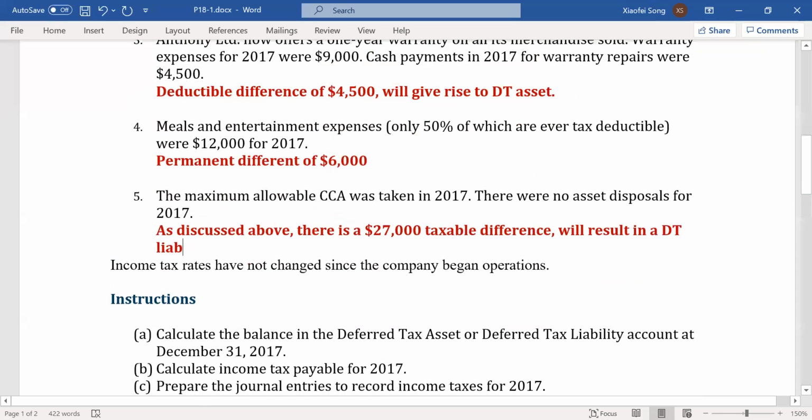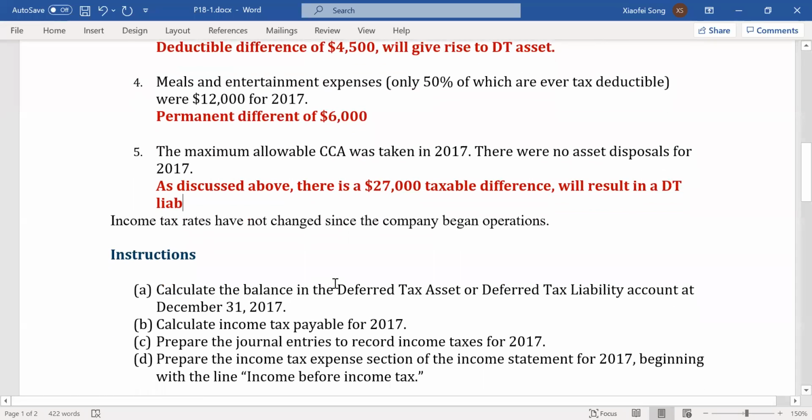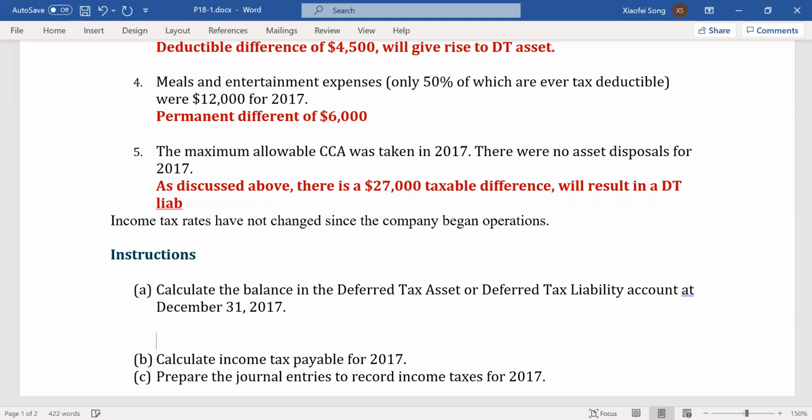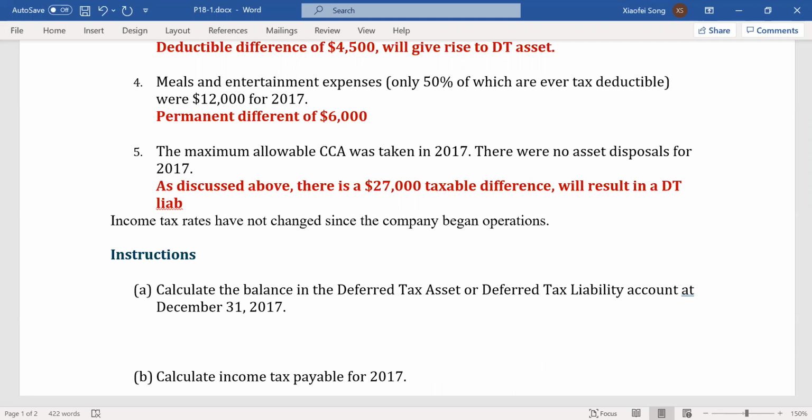So first, calculate the balance in the deferred tax asset or deferred tax liability account at December 31st, 2017. To do that, we have multiple accounts: PPE, prepaid rent, and warranty. This time it's important that we get our signs correct.